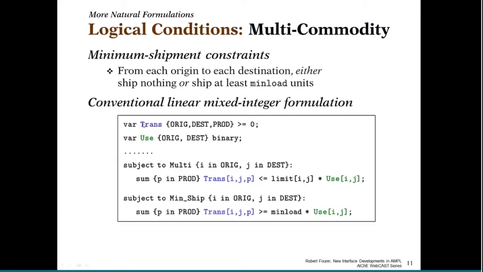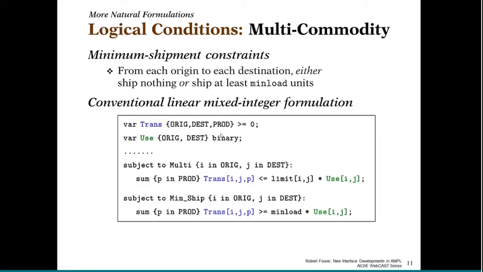And so we have some variables that are the amount to ship from each origin to each destination of each product, and we have some of these 0/1 variables that are 1 if you ship anything and 0 if not. What I've shown here are the 2 constraints you would put in. That's the usual integer programming trick to relate the use and the trans variables: if I use a certain origin destination pair, then I ship between the minimum and the maximum amount.